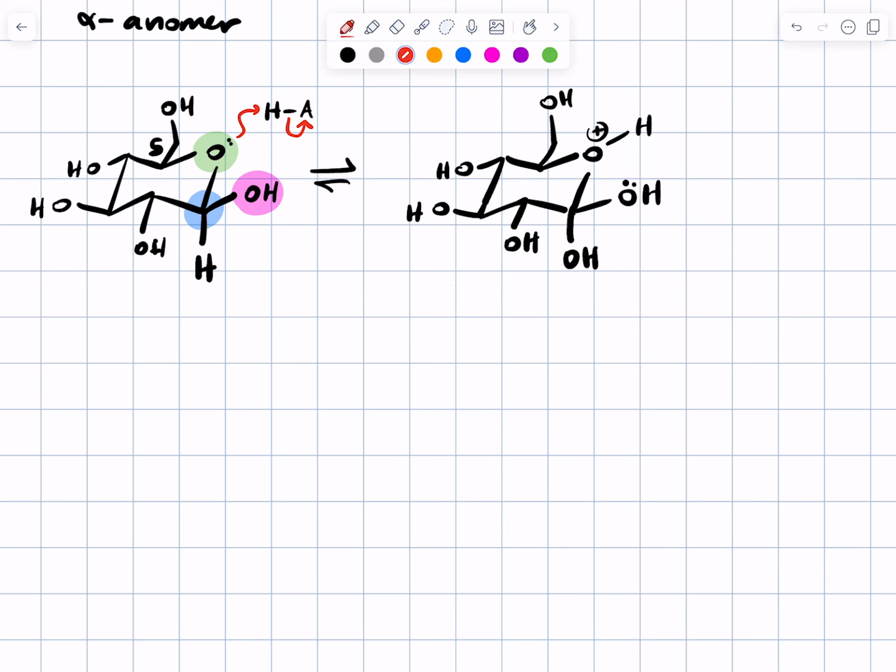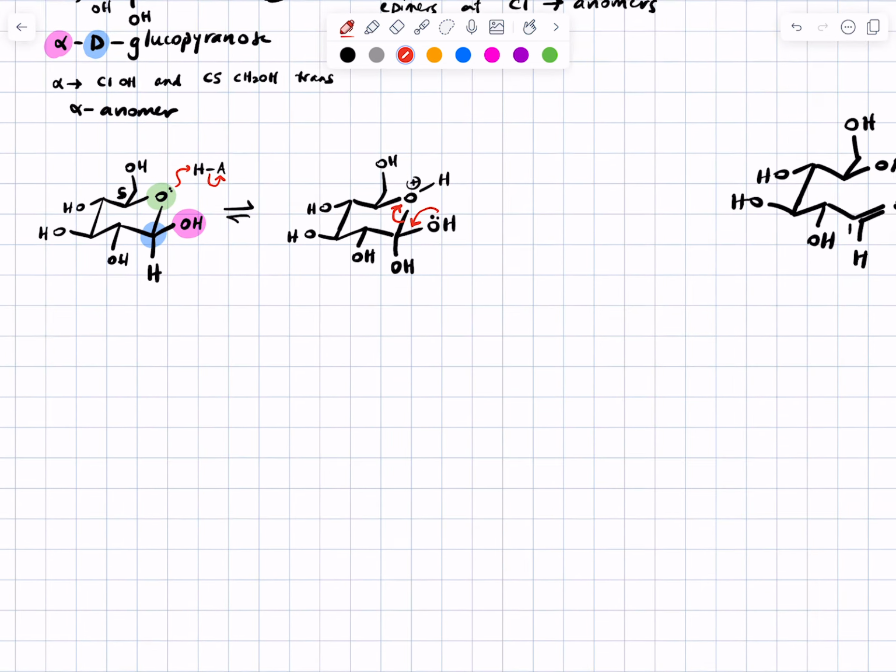So then we're going to have lone pairs on the oxygen kick down and kick off the leaving group. That will get us to this intermediate oxonium ion in which the carbonyl oxygen is protonated.